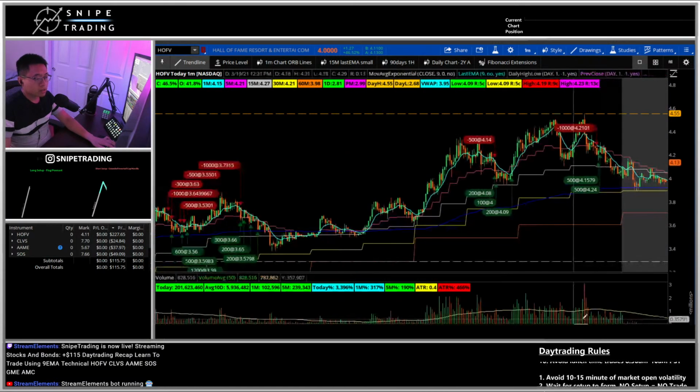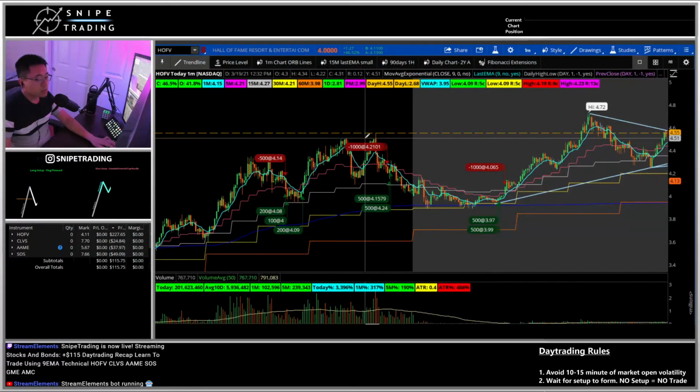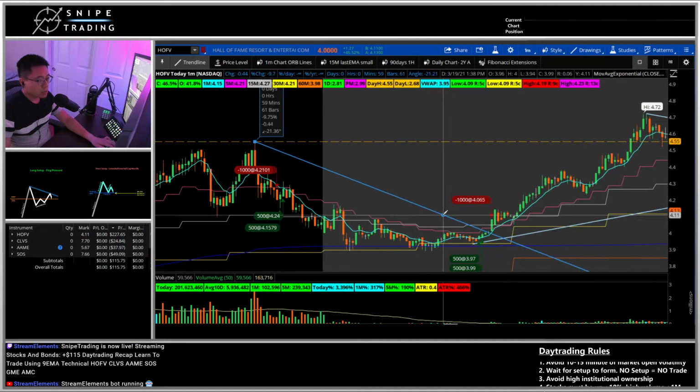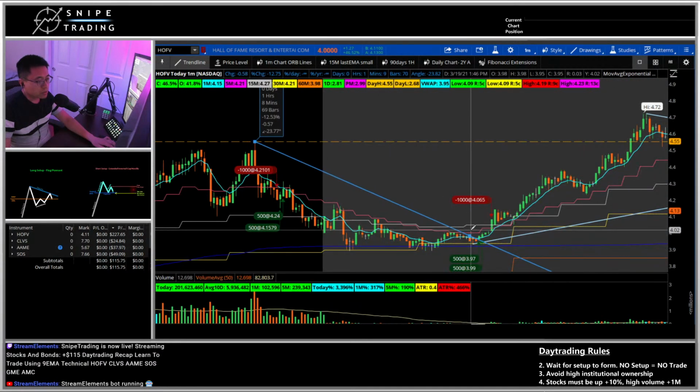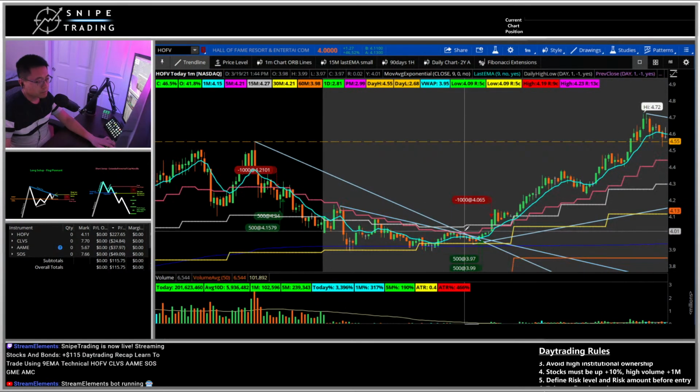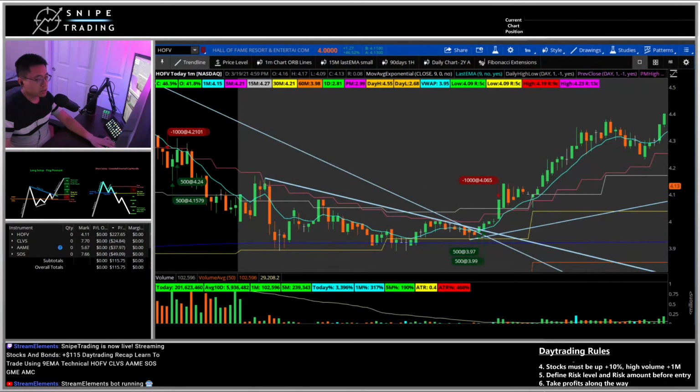And then there was a little opportunity here that I was looking for. It might have been this one. I saw this 5-minute trend was holding, and the break of this would be the inversion of it. It was also holding VWAP a couple of times with a higher low here.